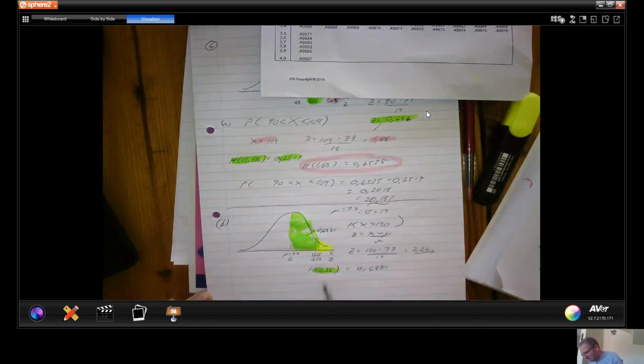So how do I find the yellow region? Just cut out 0.5 minus. So the region I want, the probability that X is greater than 120.